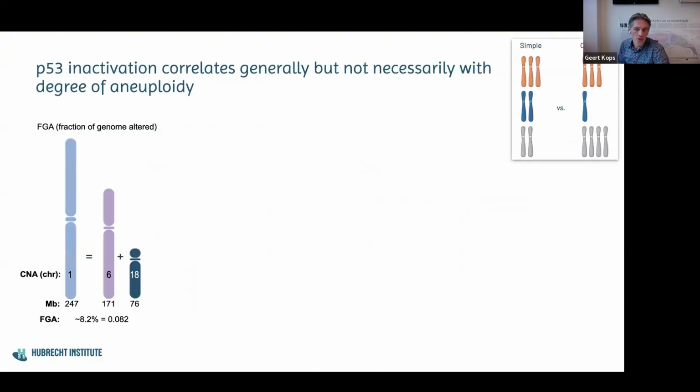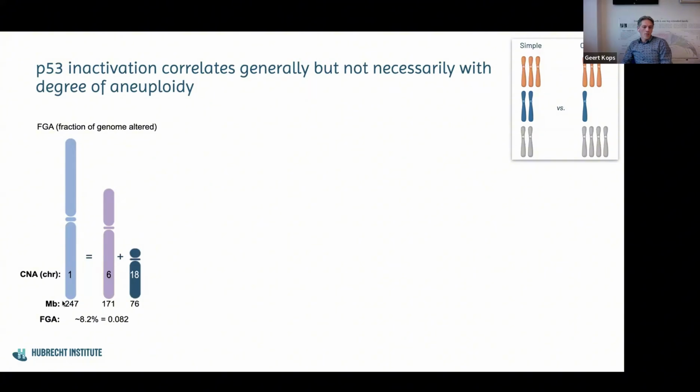Okay, so the first way we looked at simple or more complex aneuploidy is by looking at the fraction of genome altered. The reason for this is that we think that most likely the impact of chromosome instability on the cells has to do with the number of genes, or at least the size of the chromosomes, the number of protein coding genes on these chromosomes, and the proxy for this could be the fraction of genome altered.